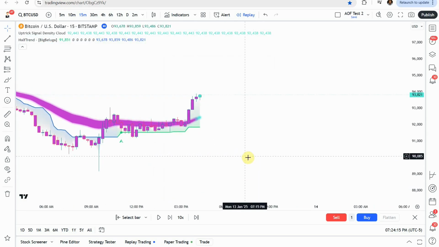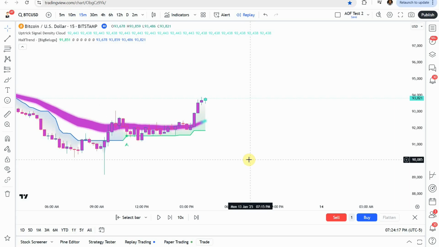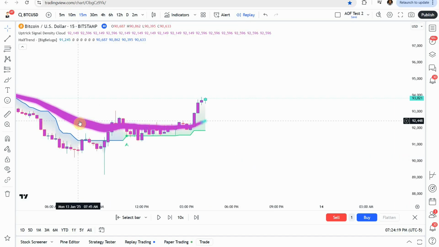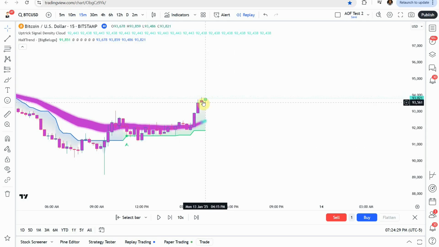And so what we're looking for in a long trade is when the density cloud, I guess we'll call it, which is the purple cloud looking moving average here, switches to this light blue teal color like it does right here. And you can see when it makes that switch, it also changes the candle coloration.